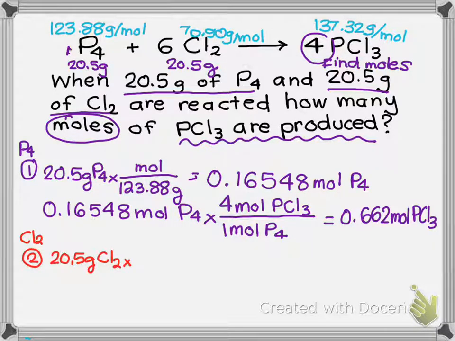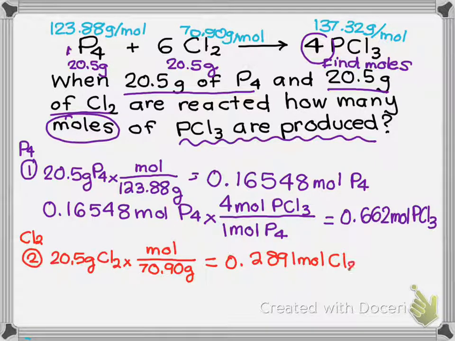I can't use the ratio when I have grams, so I'll use the molar mass, which I've already calculated for you and written above each of the substances. So I will take 20.5 divided by 70.90, and I get 0.2891 moles of chlorine.